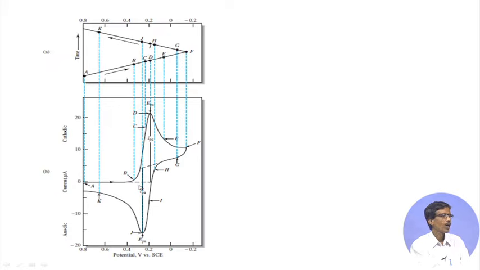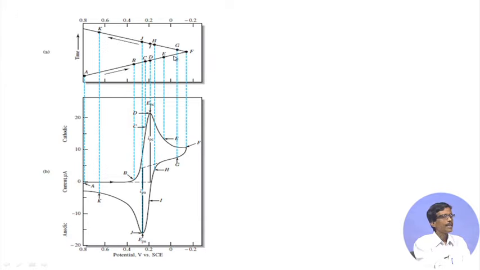Here what we find in these typical measurements is that when we move from A to B, the linear sweep is like that. Moving from A to B, the current is not changing much. A to B is a very long scan, but B to C is not very much, yet you see the current increasing like anything, from B to C and C to D. In this particular range the current is increasing, but your waveform for potential is changing linearly.